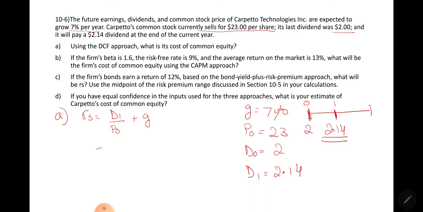So we can plug in the values. D1 is 2.14, P0 is 23, plus the growth rate is 0.07. If you solve this, your answer is coming 16.3%. This is the cost of common equity from the DCF approach.